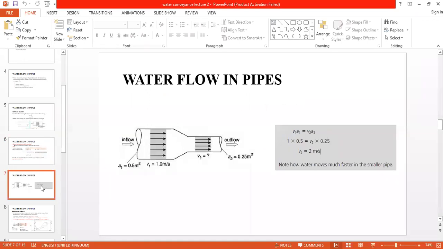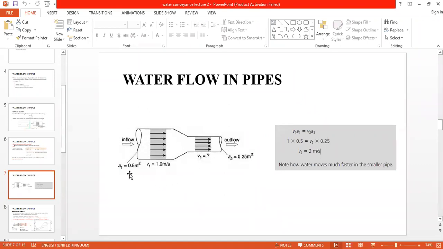So this is just an example to illustrate what I was talking about. If you have a pipe, this pipe here, it's bigger at one end where the water is coming in from, then it's smaller at the other end where the water is being discharged.